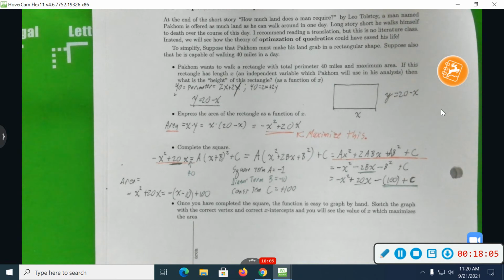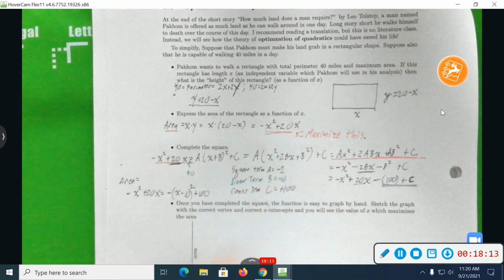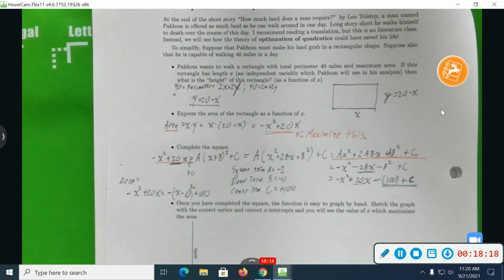Oh, neat. Now see, I lost the expanded form, but it's easy to graph now, right? It will look like x squared, but flipped upside down, shifted right 10 and up 100.